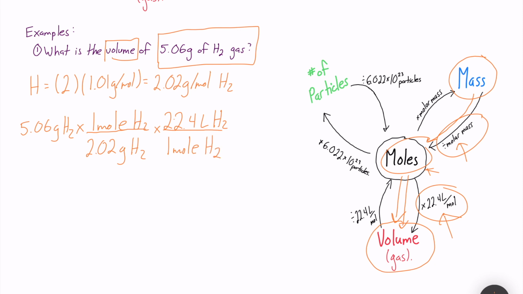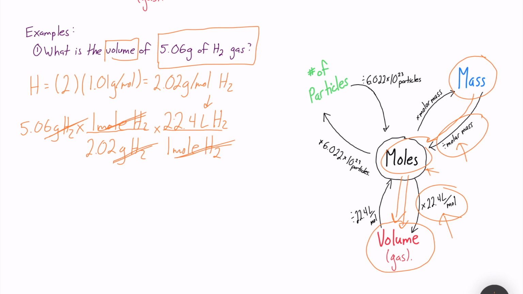Before we calculate our answer, just notice our units do cross off here. Moles of H2 crosses off, and grams of H2 also crosses off, which means we are left with liters of H2, which is what the question wants us to figure out.